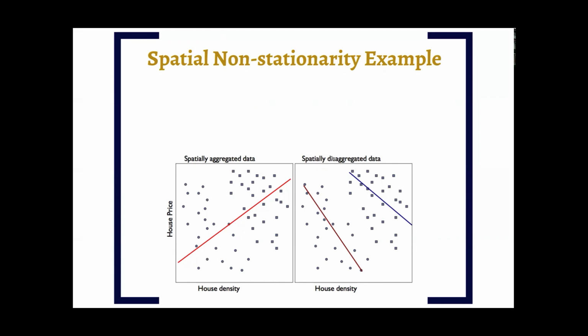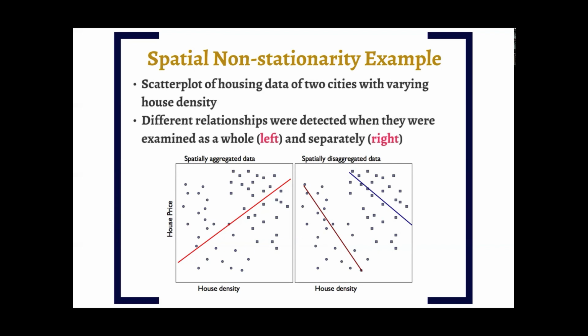So for the diagram here, again, we're looking at a scatter plot. The scatter plot is showing you the relationship between housing density and housing price in a study area, actually 2 cities combined together.